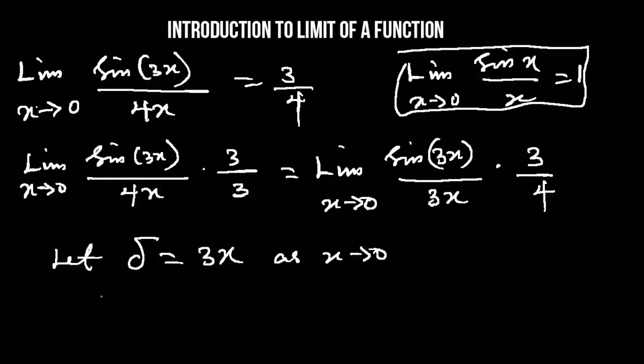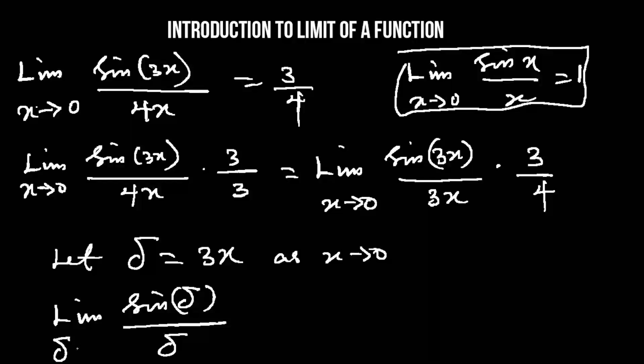So I can now change these functions to become the limit of sine delta divided by delta as delta tends to what? 0. Do you understand what happened there now? I'm changing what? The input. But I have to come up with a value that still satisfies the limit. That's the essence of what I did here.